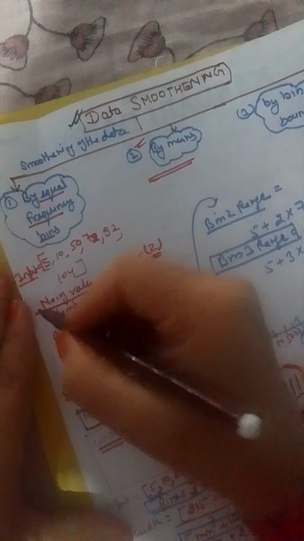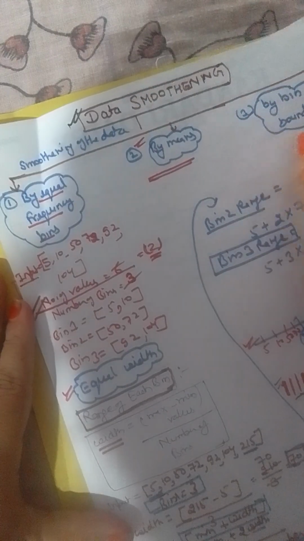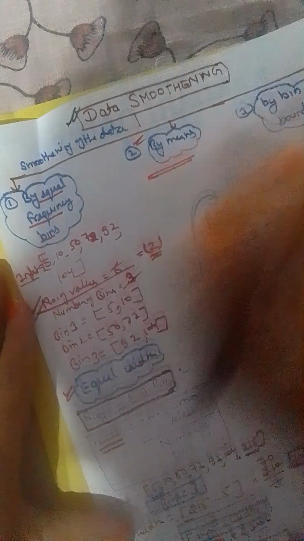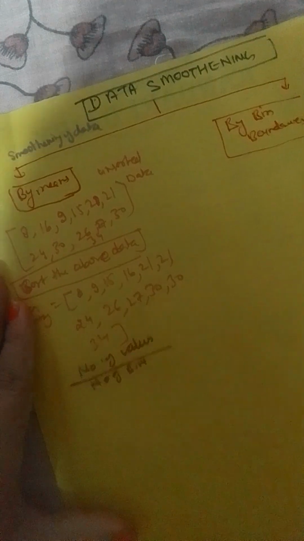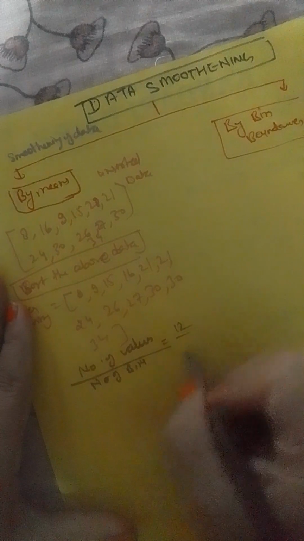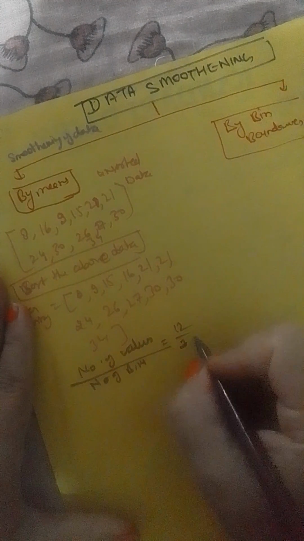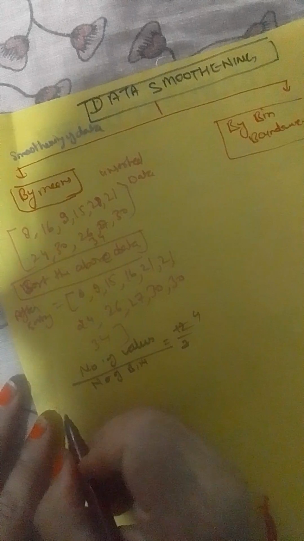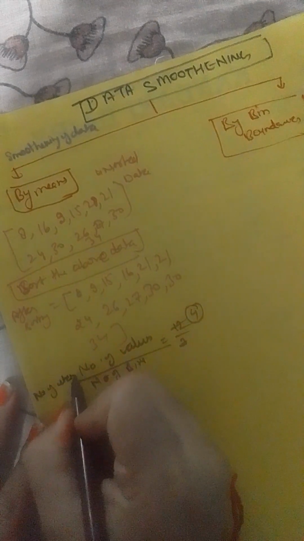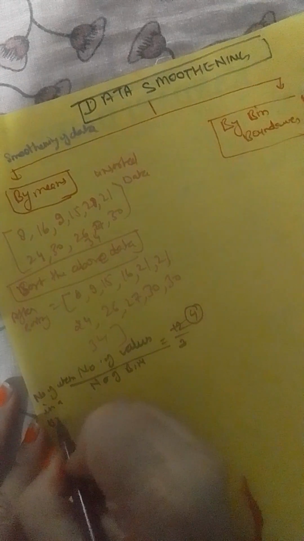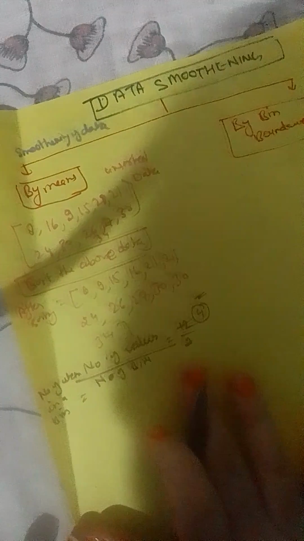I told you in my previous video how we calculate the number of bins; please check that video. So the number of values is 12 divided by 3. 3 fours are 12, so the number of items in a bin would be 4.